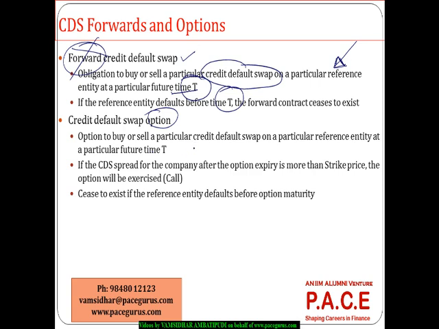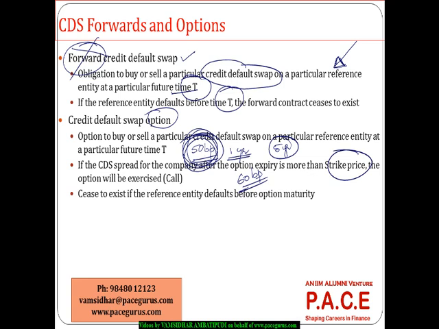Say, by paying 50 basis points, after 1 year I have an option to enter into a CDS contract for a 5 year period. At that point, I'll look at what the CDS premium is. If the CDS premium is 60 basis points, obviously I'm going to enter into it because this is costing me only 50. So the strike price there is 50 basis points. If the CDS spread at that point is more than the strike price, I'll exercise it. That is the call option.